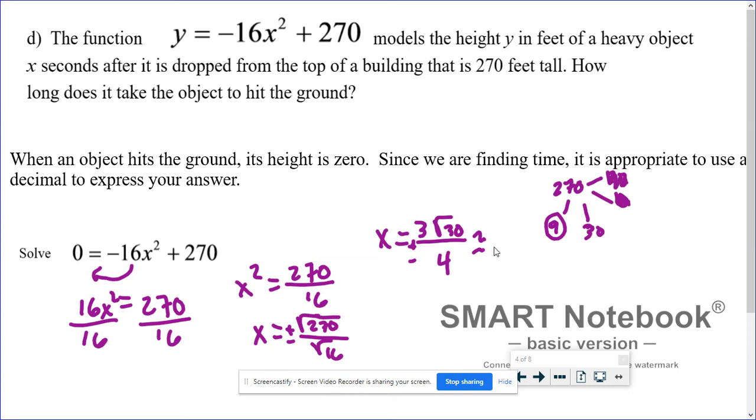And you're going to get 4.10 or that 28. So that's how many seconds, a little over 4 seconds, it would take for that object to hit the ground.